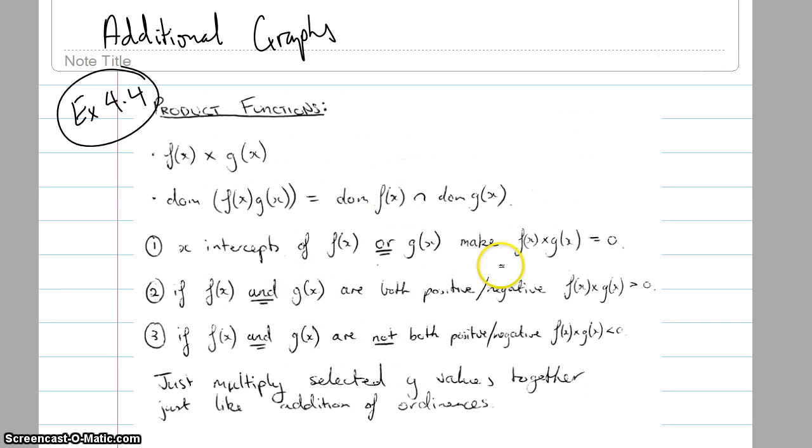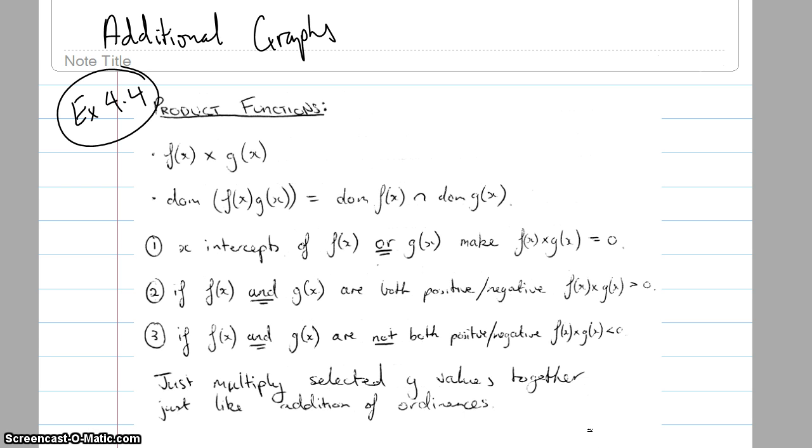But if they're both negative, then the new graph will also be positive, because a negative times a negative is a positive. However, if one of the y values is positive and one is negative, then the new graph will be negative, because a negative times a positive is a negative. And what we do is simply multiply the y values at each x point together.